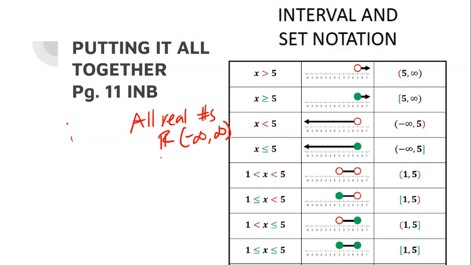The other thing, when you have the word or, the word or means that you're going to have two of everything, okay? So if I have the word or, we're going to use ones and fives like your handout. So if it said x is less than 1 or x is greater than 5, notice how there are two inequalities.